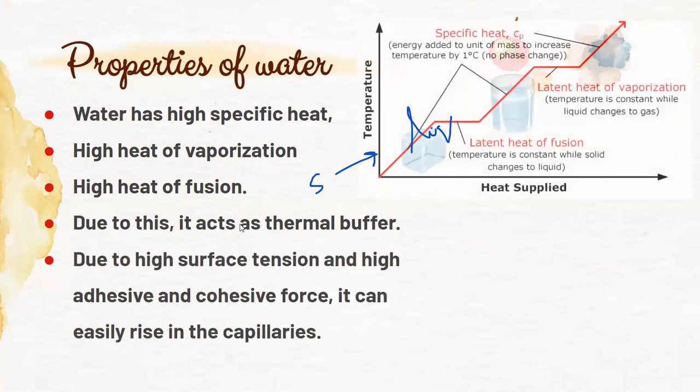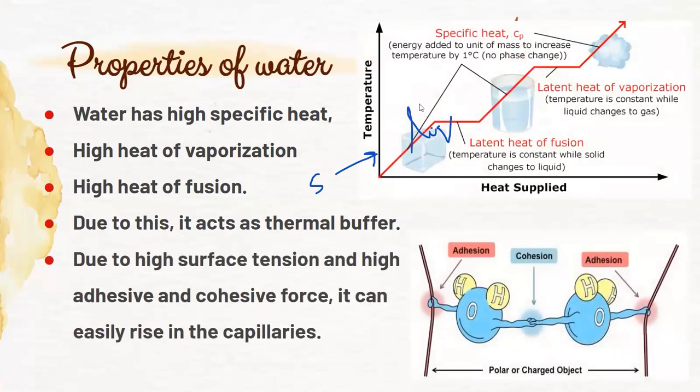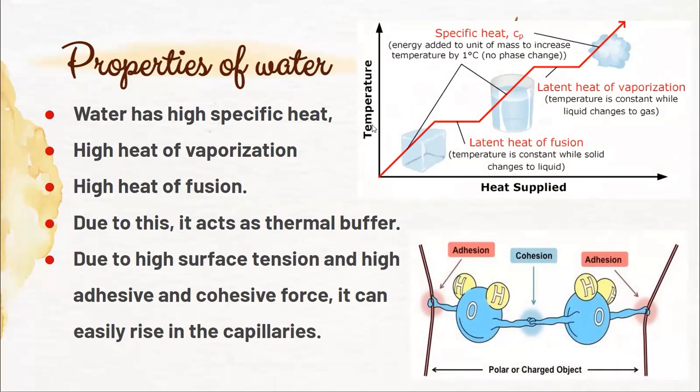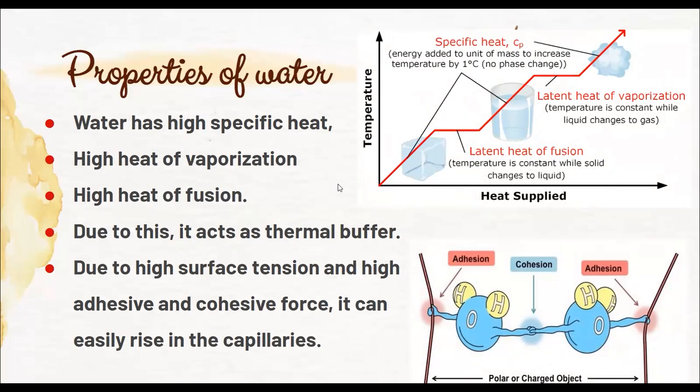Another is that because of its high surface tension and high cohesive and adhesive force, it can easily rise into capillaries. Why are we talking about capillaries? Because we will now see the root hairs. The root is the primary organ for absorption of water.